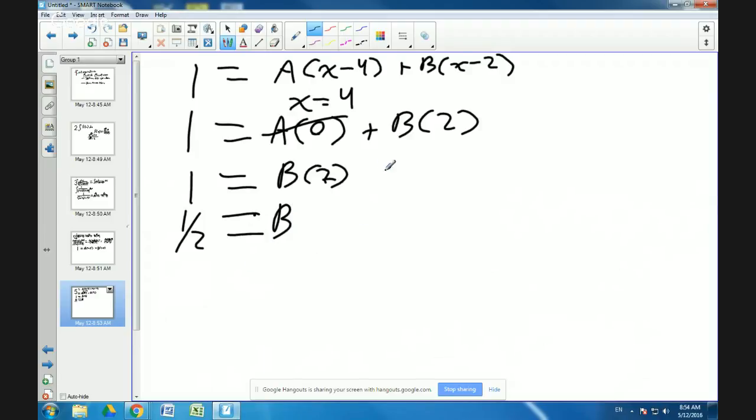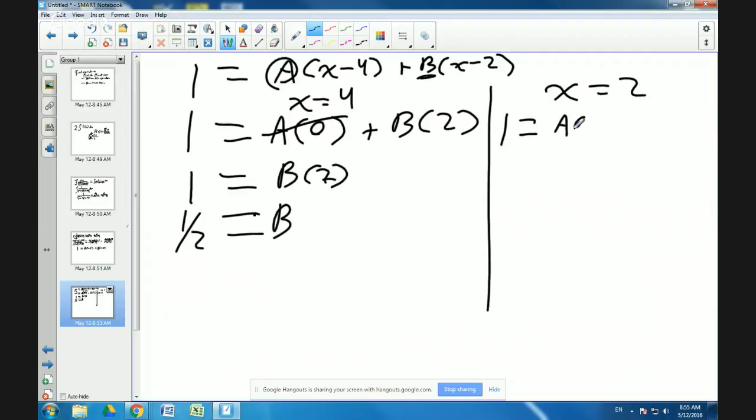Then we plug in x equals 2 in order to cancel the B, so we can find A. So with x equals 2, we now have 1 equals A times 2 minus 4 plus B times 0.